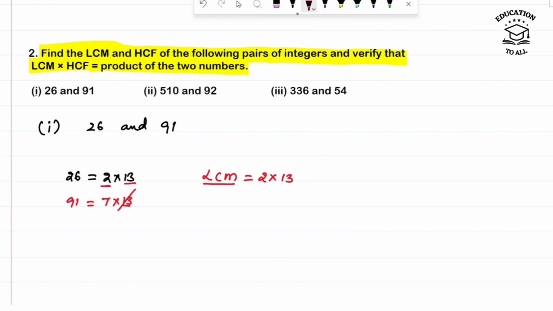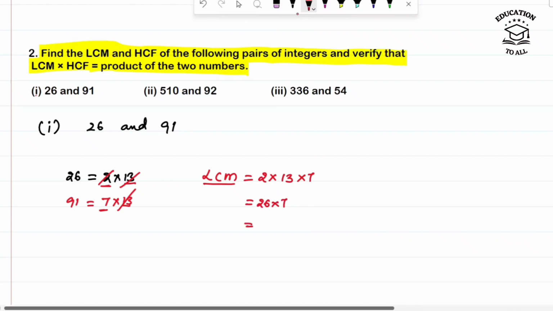And this 13 is over, 2 is also over. What is extra pending? 7 alone. So 7 also will be included. Therefore you multiply all these three numbers: 2 into 13, 26, into 7. So the answer is 182. The LCM of these two numbers is 182.